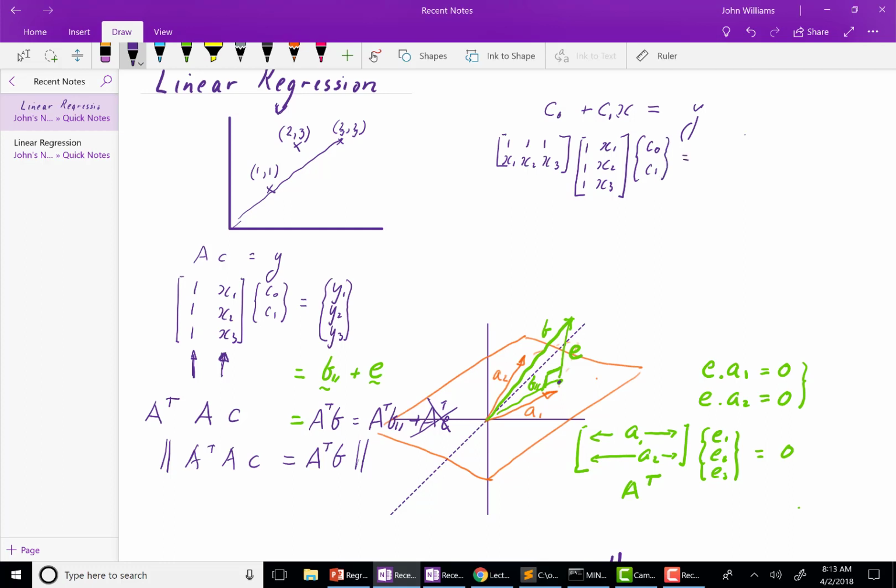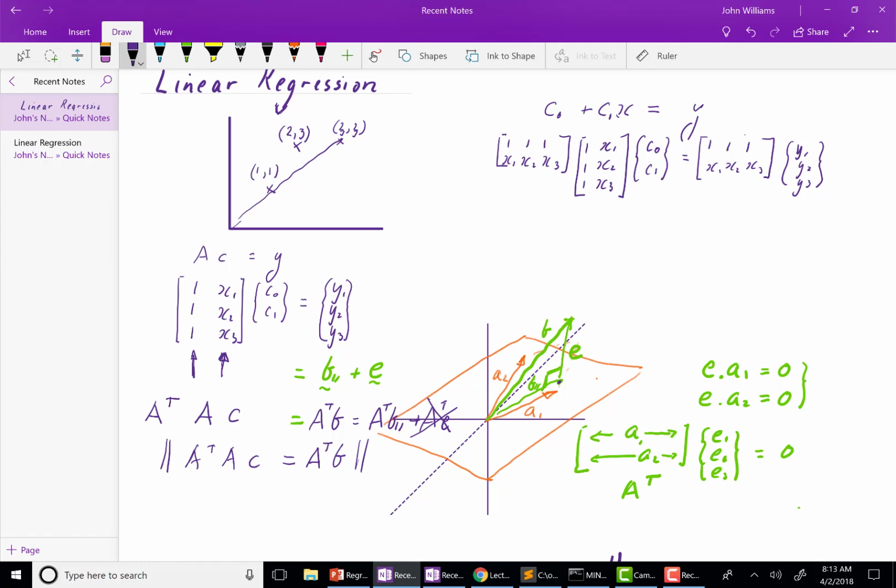And on the right-hand side we have A transpose, as many x's as we need, and this would be y1, y2, y3, etc. I'm just going to show the 3 points here. But let's multiply this out and try and solve it.